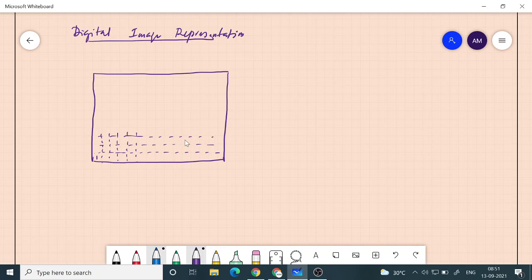Let me use a different color. 1, 2, 3, 4, 5, like this. If it is 256 by 256 pixels, then this will be 256. And similarly you can number to this side also, 2, 3, 4, like this, and this will also be 256. So then we say that this is a 256 by 256. So usually we consider them in powers of 2, but that is not absolutely necessary. That is more popular because of some advantage.